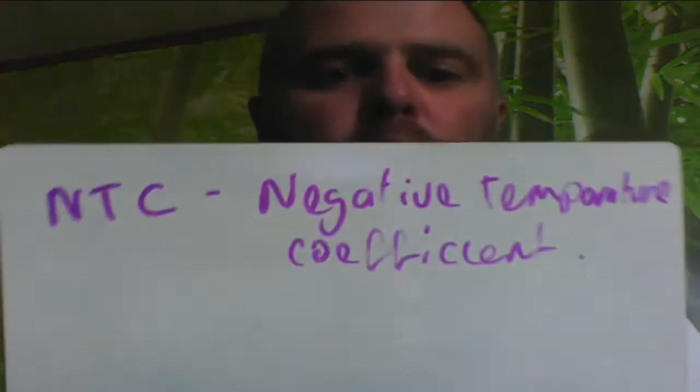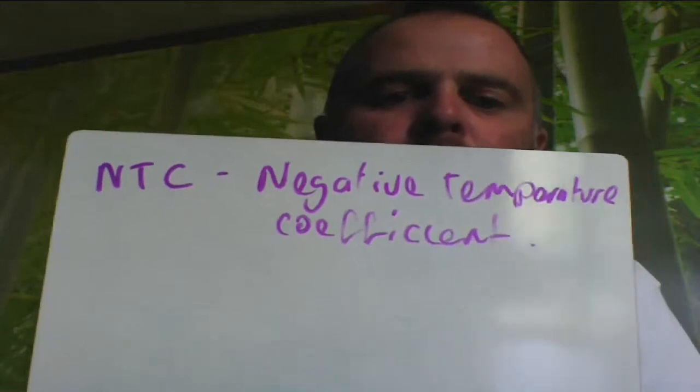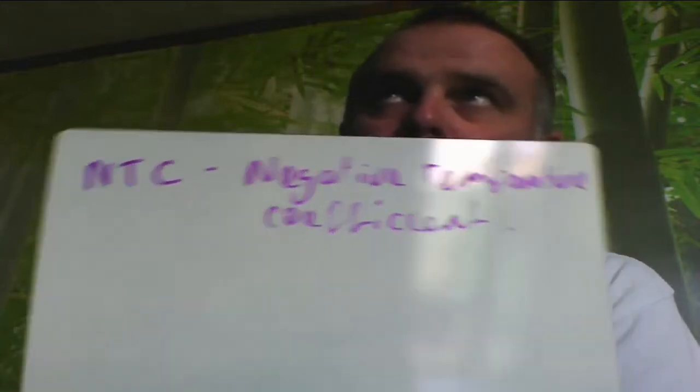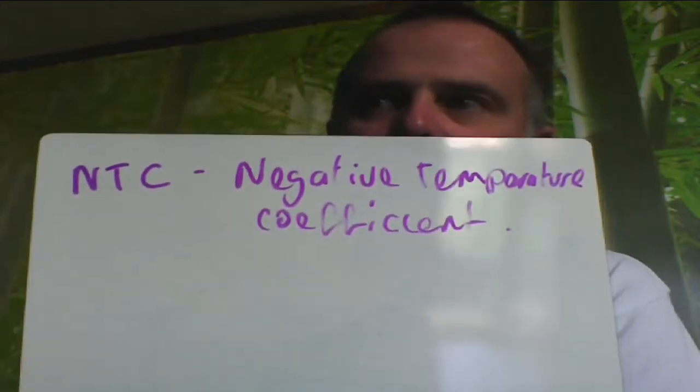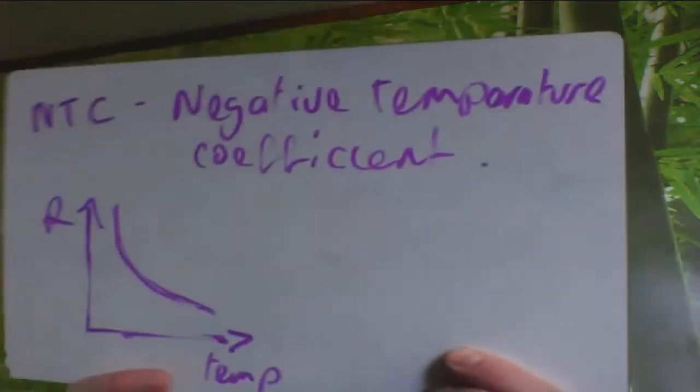Thermistor, or a light dependent resistor, and if we plot for both of these temperature against resistance, so I vary temperature and put it on the x-axis, measure resistance and put it on the y-axis, I get a relationship like this.